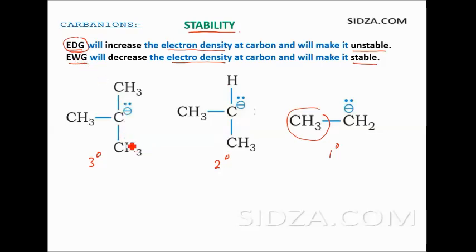So that's why in the tertiary carbanions there are 3 electron donating groups, and we have a positive effect for all these groups. They donate the electrons, that will increase the negative charge, and hence it will be the least stable. In the secondary there are only 2 alkyl groups, 2 R groups here, 2 methyl groups here, right?